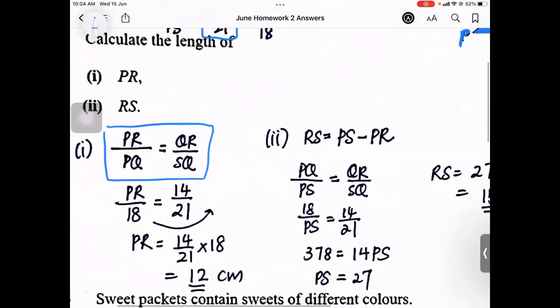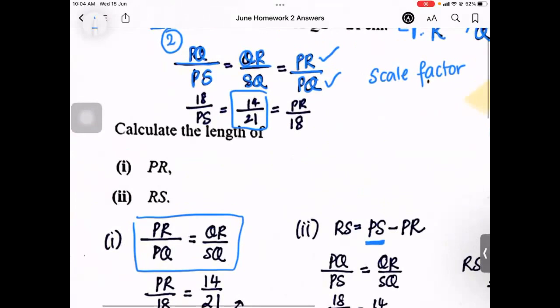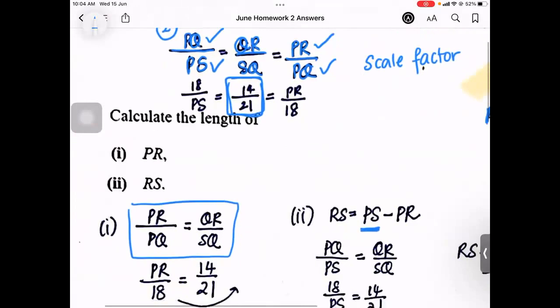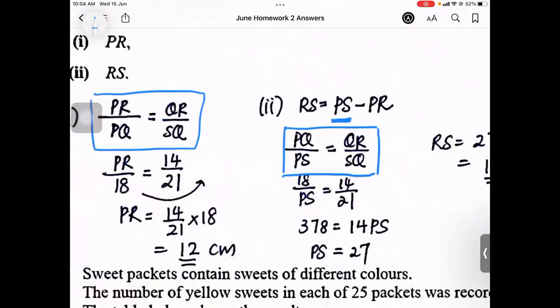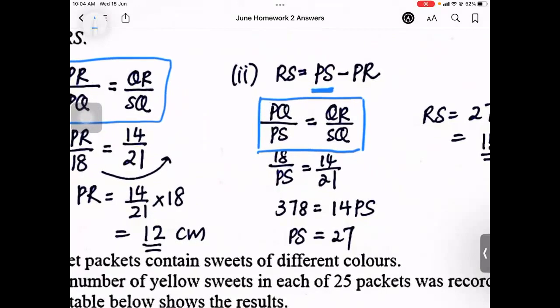So let's take a look at our corresponding ratios. I have PS with PQ, and I know the number 14 over 21. So I'm going to use PS with PQ, 14 over 21. Write my ratio, cross multiply, solve for my answer.